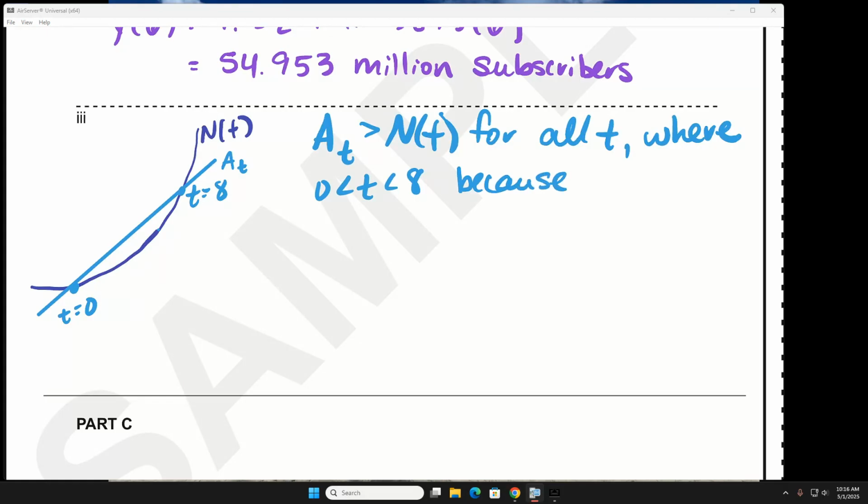That's why you're trying to prove you know why that's true. That's talking about this section of the graph right here and nothing else, just this little section right here, when t is between 0 and 8. So you need to tell them you know what A of t is, or A sub t is the secant line.